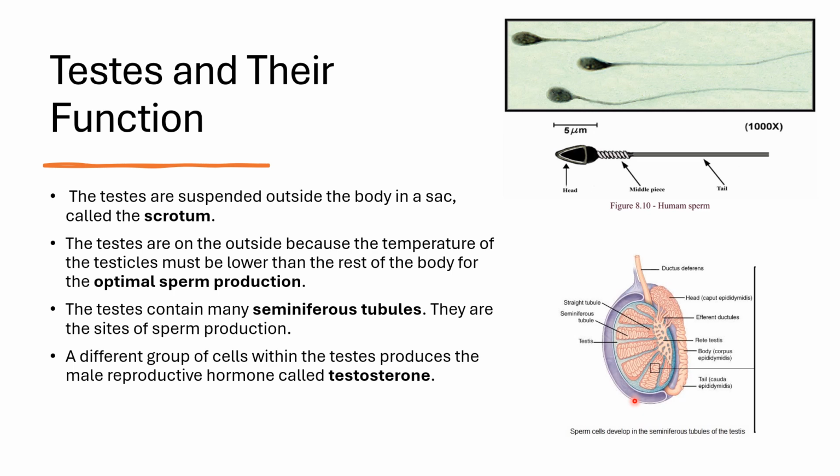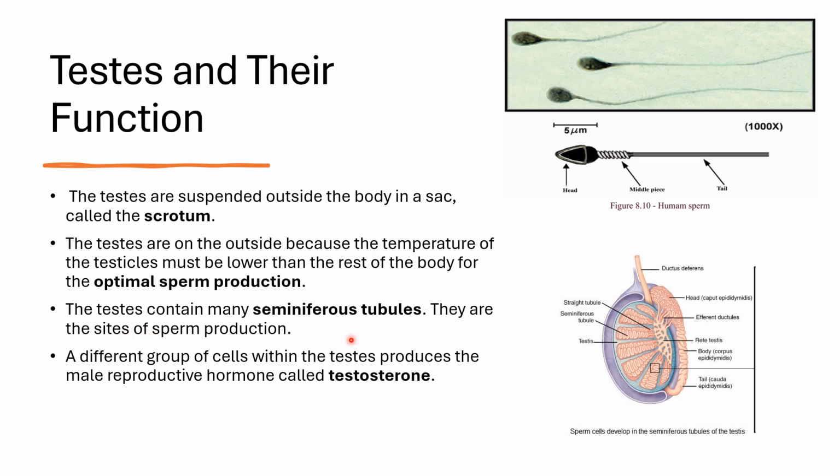And the testes are on the outside because the temperature of the testicles must be lower than the rest of the body for the optimal sperm production. So for optimal sperm production, the testicles need a lower temperature than the body temperature. So that's why the testicles are located outside the body.